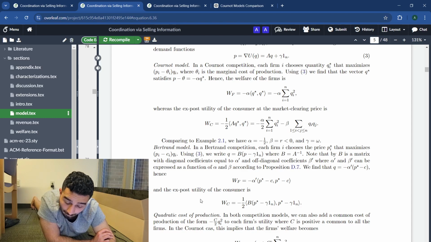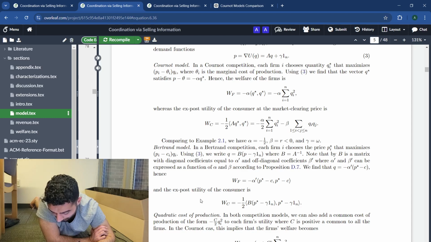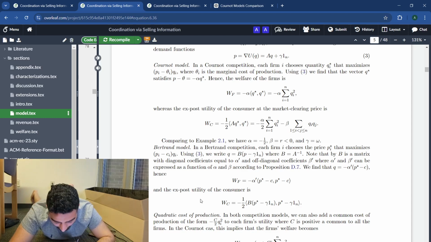But again, even in the Bertrand case, the problem of the consumer is deciding their Q. What is my Qi? So we need to again do the comparison for Qi, round V, round Q. And you can say Q and P are in a relationship with each other based on the best response, which is Qi of P, omega plus R sigma J Pj minus Pi over 2.